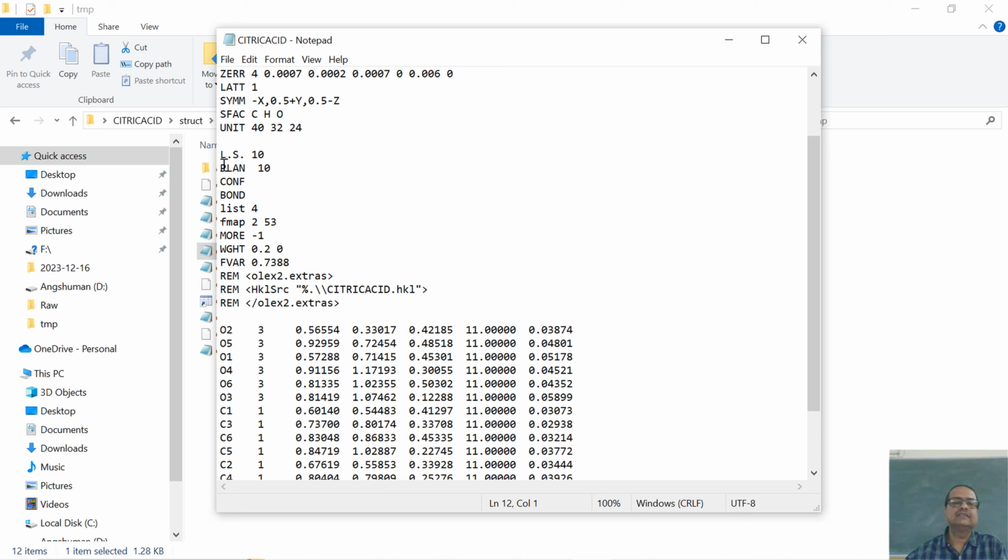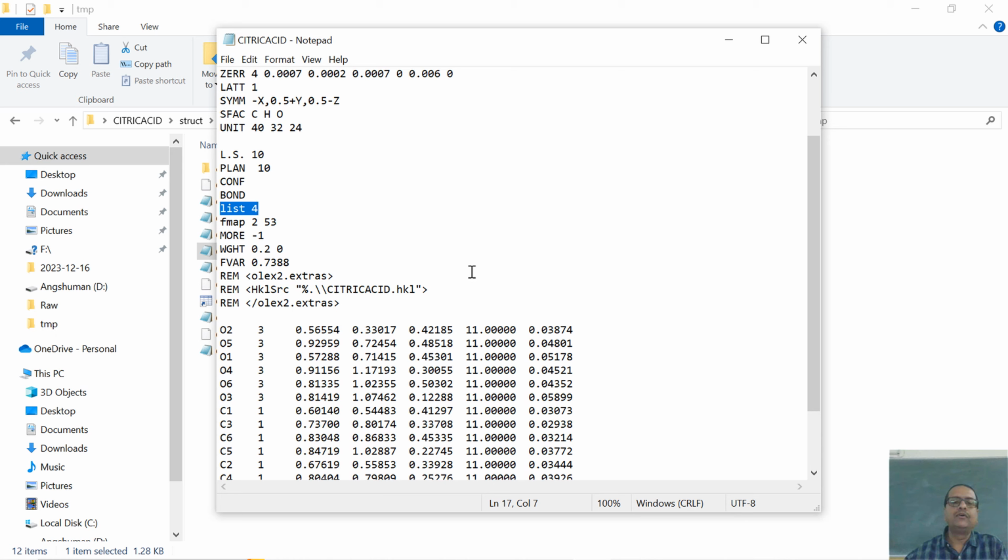It has some other codes, which is least square, how many cycles, plan means how many new atoms. CONF and BOND are two keywords which are there to generate the bond length, bond angle, torsion angles in the final table.